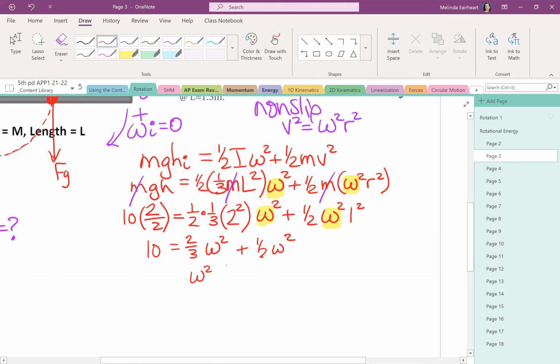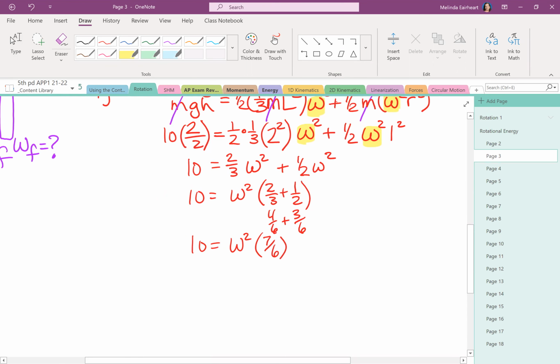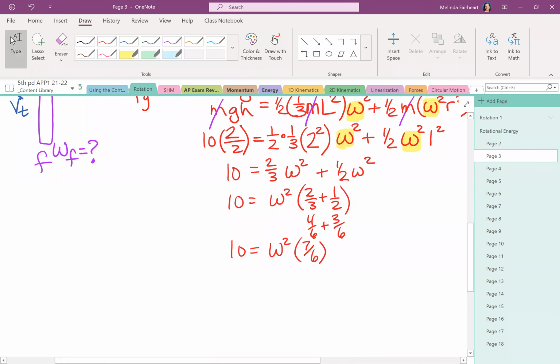So factor out omega squared. And so 2/3 is like 4/6, right? Common denominator. And so we get 7/6. And then 60/7.